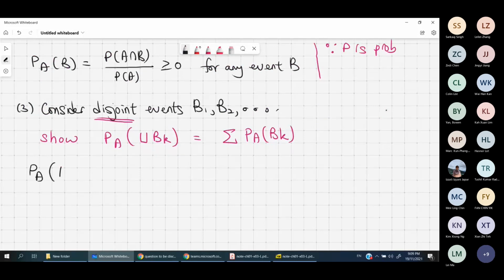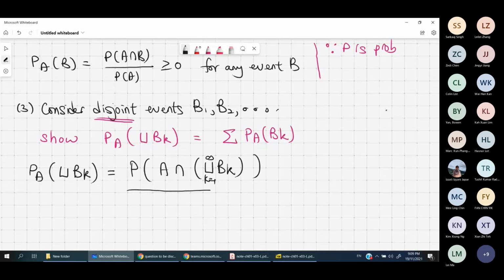P(A | union of all the B_k). I think the first line, according to our definition, is P of A and all of them. So this is by our definitions.